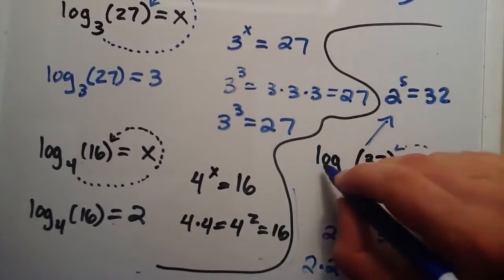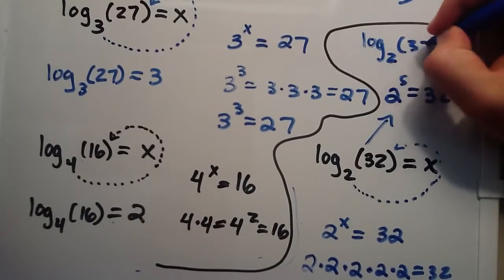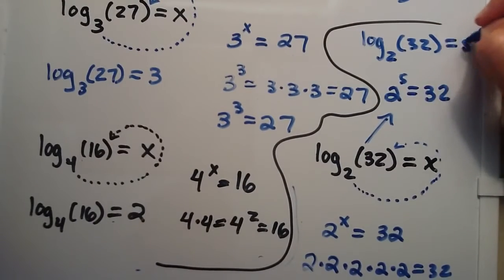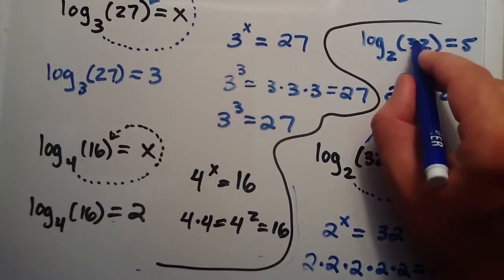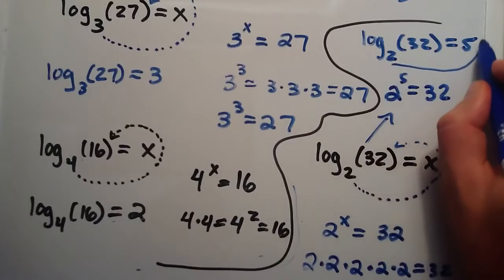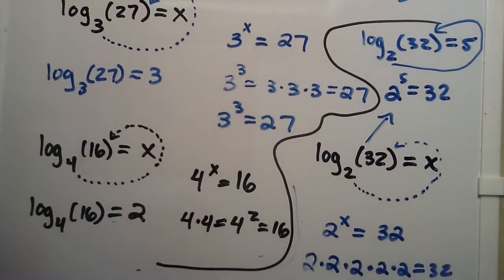And another way to think about that is log base 2 of 32 equals 5. 2 raised to the 5th power equals 32, following the scorpion tail. So, like I said, in a few more videos I'll show you ways that you can solve this.